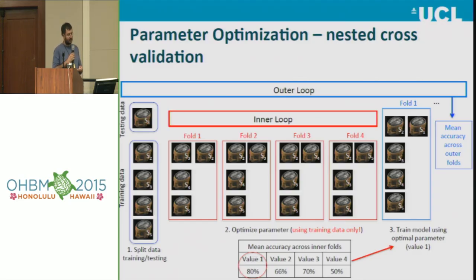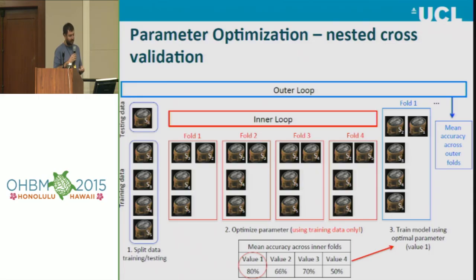Then you go into your inner loop, and for the inner loop you need to estimate your hyperparameters, so you split that set of subjects from S2 to S5 in a similar way to the original cross-validation, and you again leave one subject out each time from this set of data.